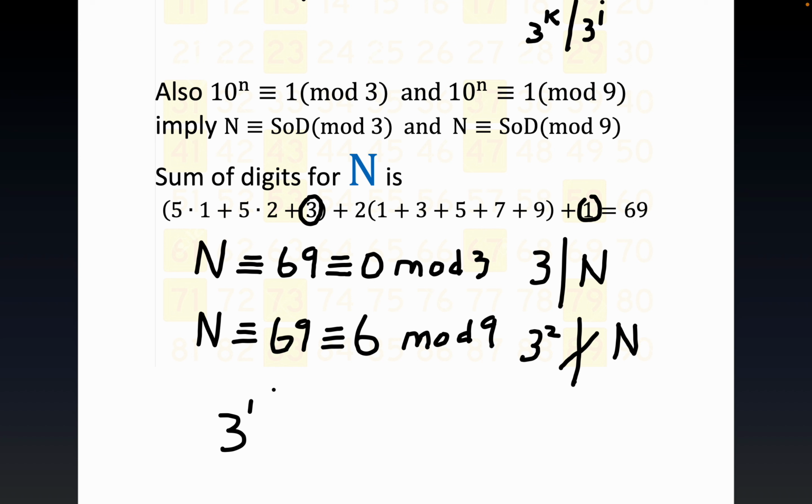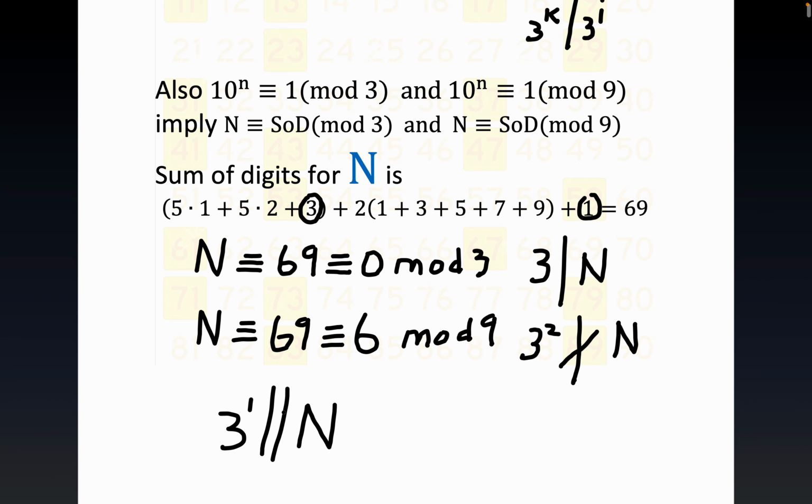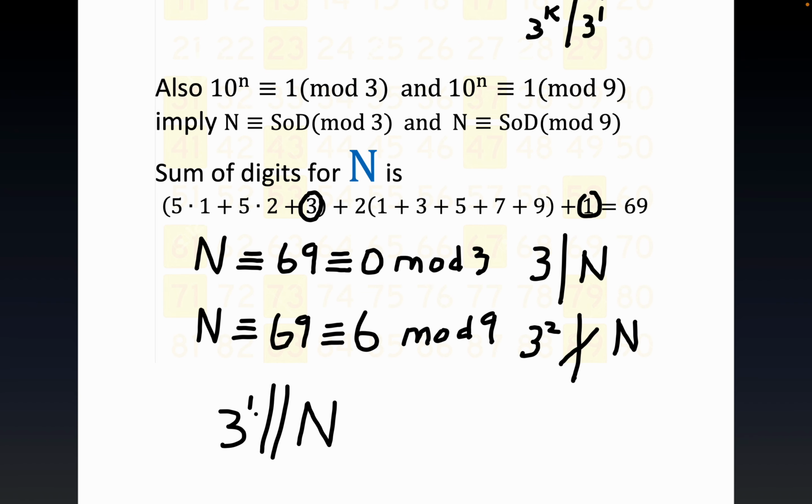Sometimes they call this divides exactly. I don't know if you guys have seen this notation, but 3 squared divides n exactly means no higher powers of 3 divide n. This is something developed in Charles Vanden Eynden's textbook, and maybe others, but the double vertical bars means that 3 to the first divides n, and there's no higher power of 3 that divides n.